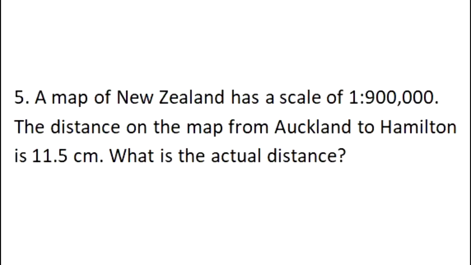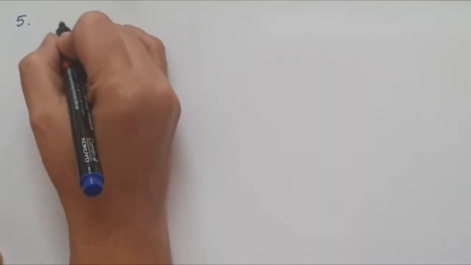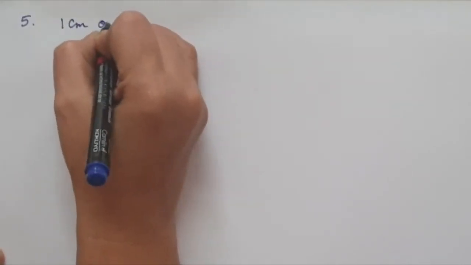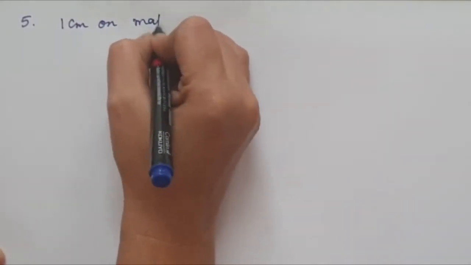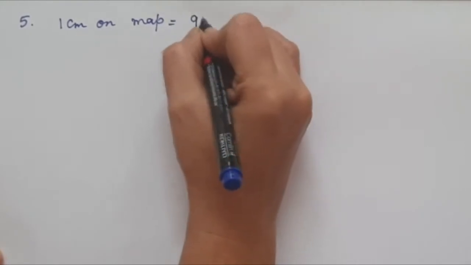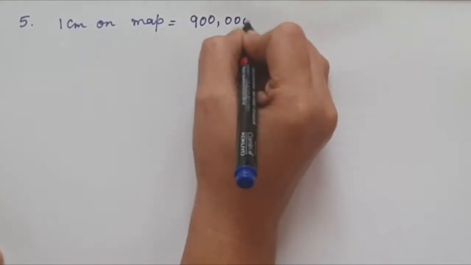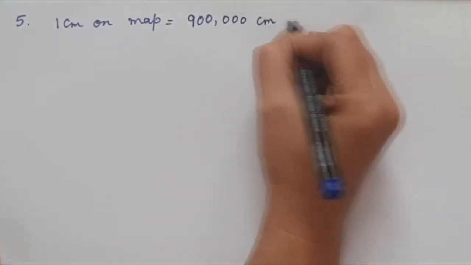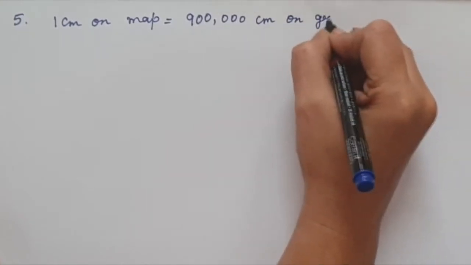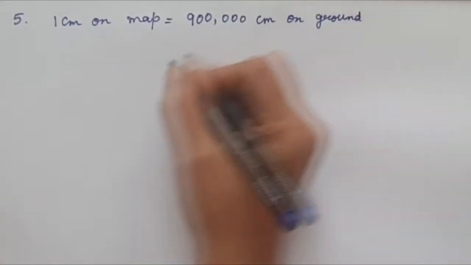The fifth question: a map of New Zealand has a scale of 1:900,000. The distance on the map from Auckland to Hamilton is 11.5 centimeters. What is the actual distance? In this question, 1 centimeter on the map is equal to 900,000 centimeters on the ground.